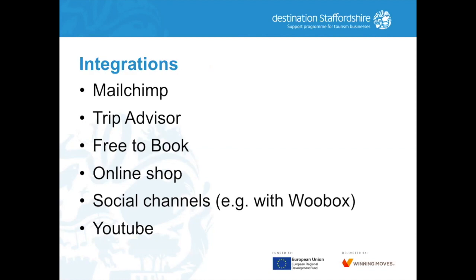So by all means, search that on the internet and find something that's going to work for your business. The first one that I'm going to mention here is MailChimp. MailChimp is an online platform or software that you can use to send out engaging, optimized email newsletters to your audience or to a list of subscribers. This is hugely valuable because it's worth remembering your Facebook audience is not yours, it's owned by Facebook.